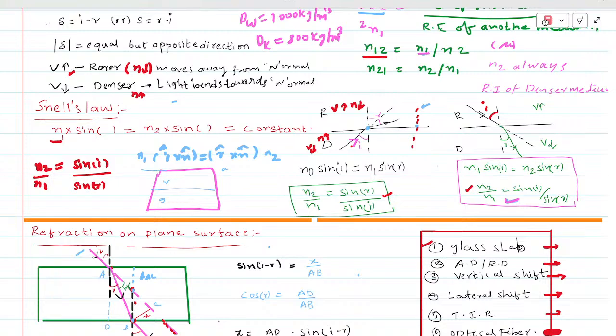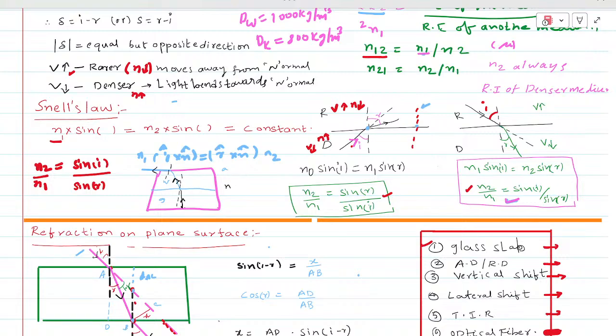The light is grazing, coming from the glass medium through the water medium. Water is the rarer medium with respect to glass. Arrow marks are given like this: the incident ray starts from the glass medium, is refracted in the water medium, and again like this.